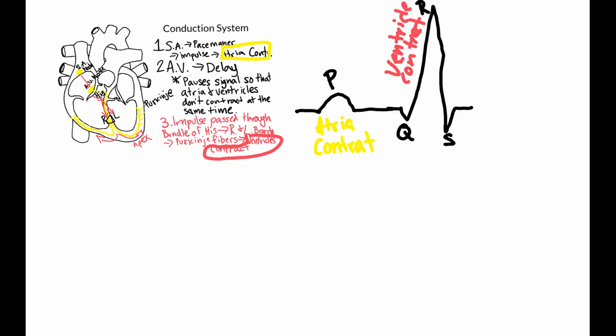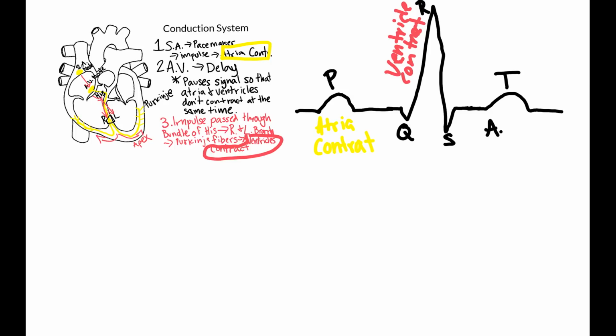And then the last part is known as the T wave. And so you go down just a little bit. The T wave is showing when the atria and the ventricles are relaxed. Everything's repolarizing, so it's going back to the charge that it originally was at.